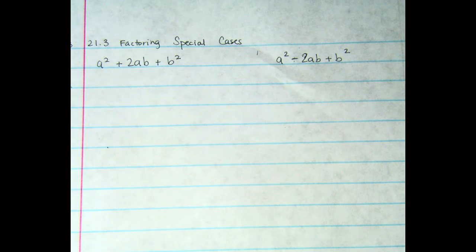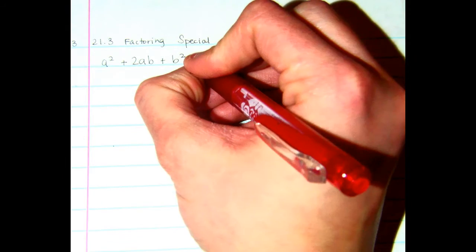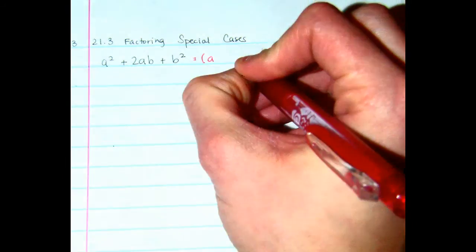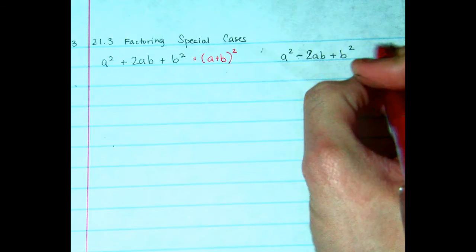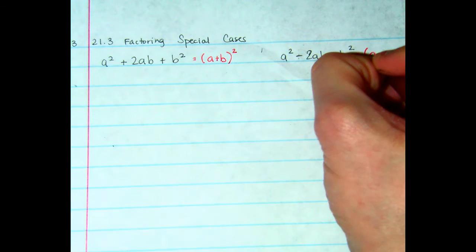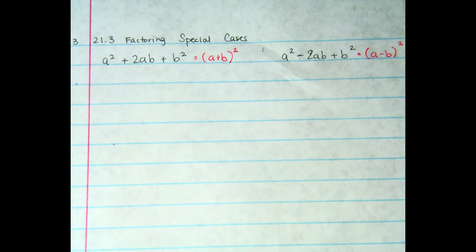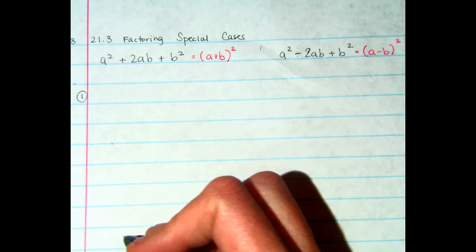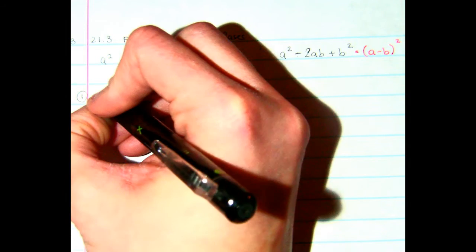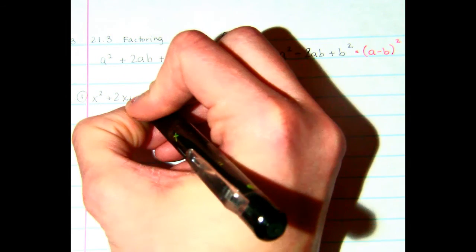So that's on page 113. What was this one equal to? A plus b parentheses squared. And how about this one? A minus b squared. Okay. Then I want you to write down number 1. X squared plus 2x plus 1.